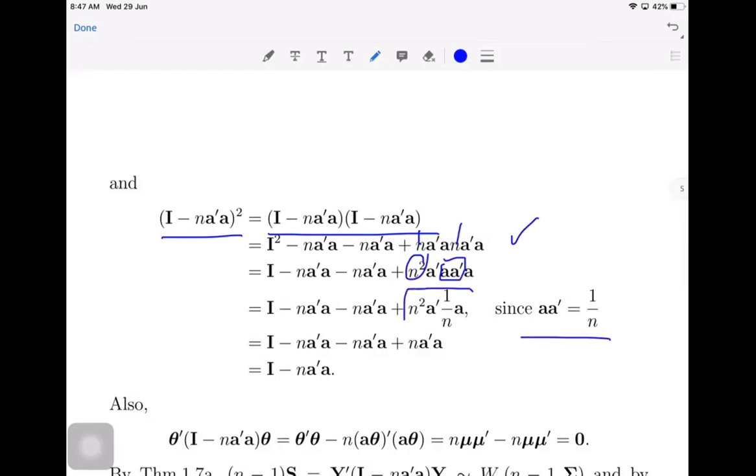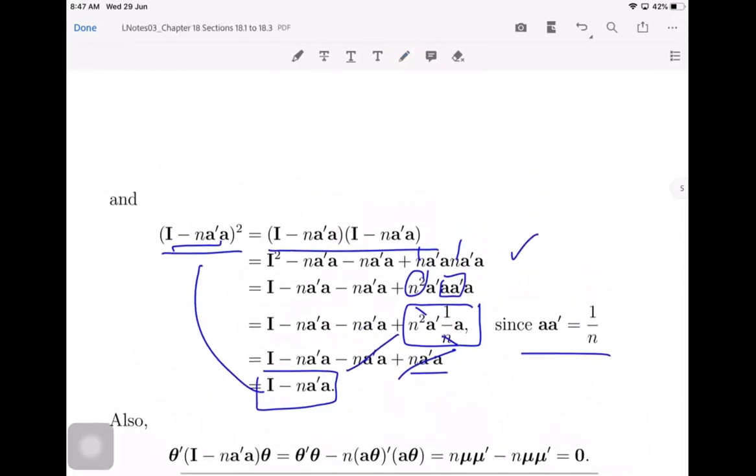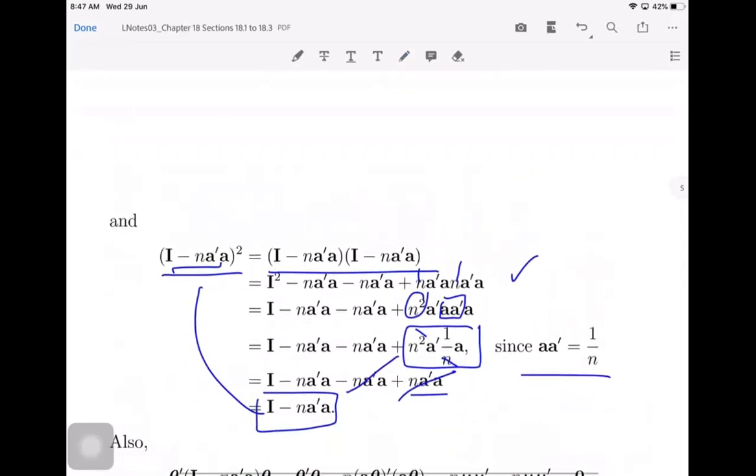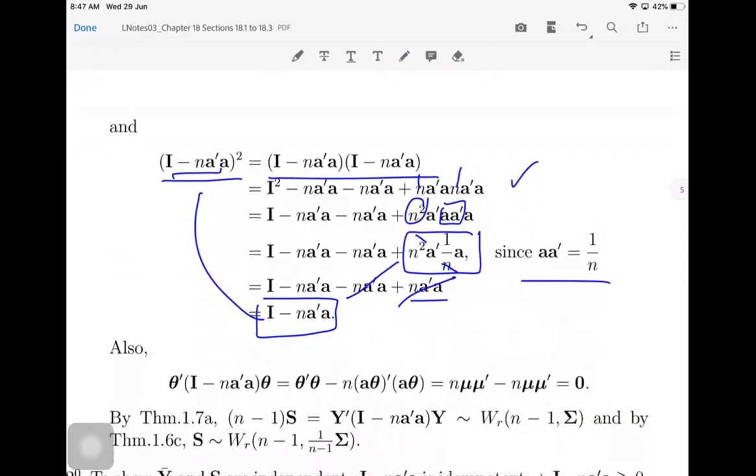So what will happen to this term is you will have n na lang, because this is cancelled with one of that. So you will have A prime A. And then this is cancelled out. So what remains is this one, which is actually what is inside there. So we say that the n I minus n A prime A is idempotent.